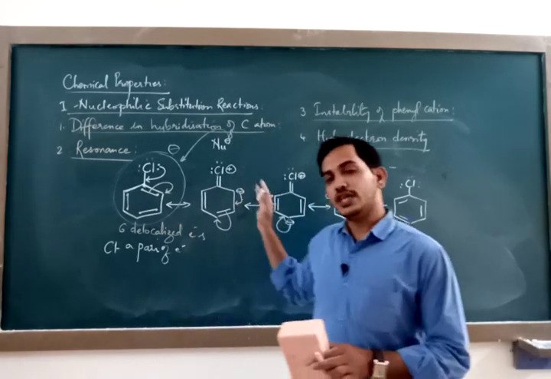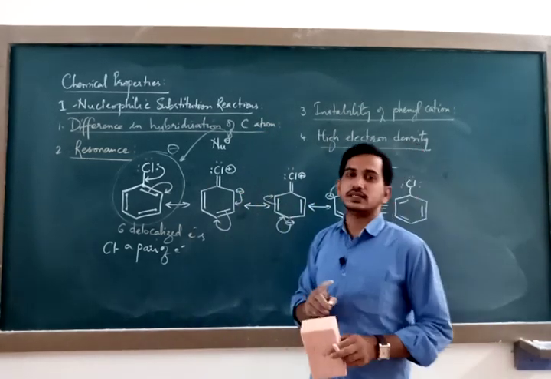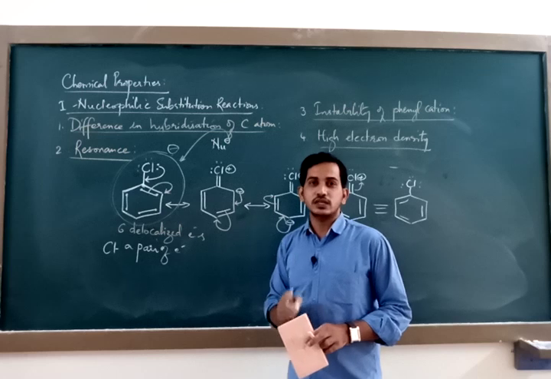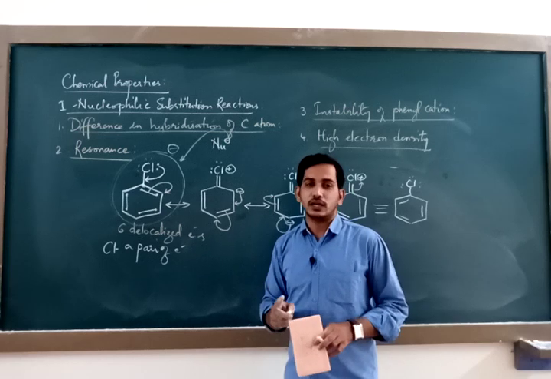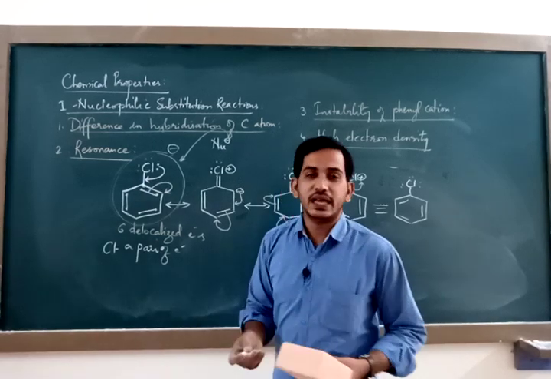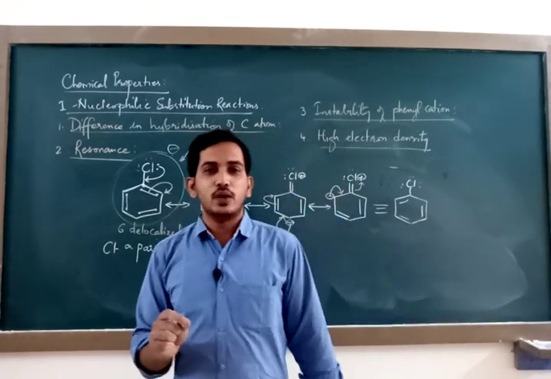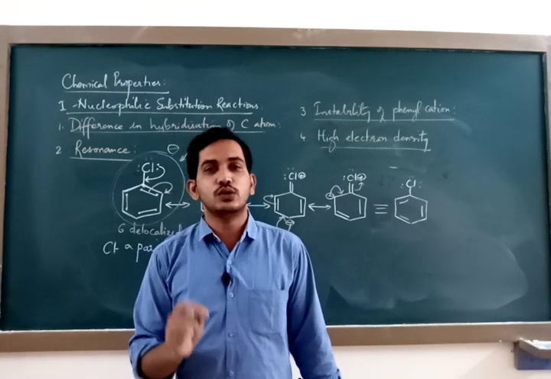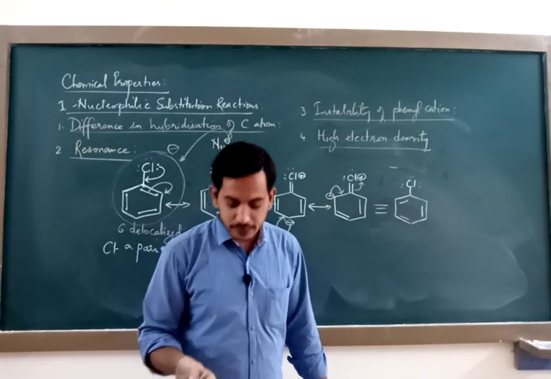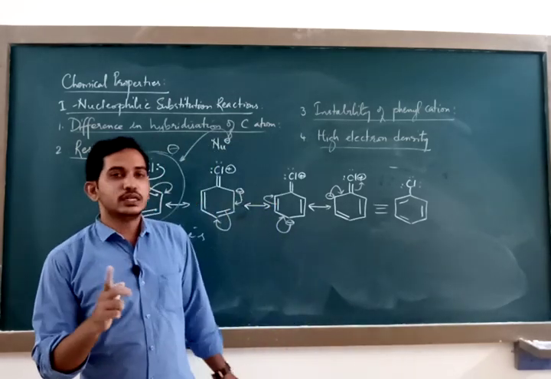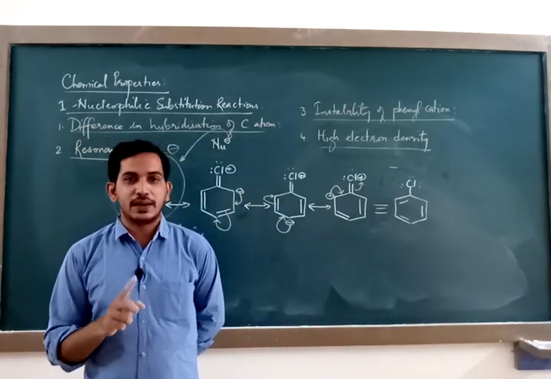Therefore, because of these 4 reasons, haloarenes are less reactive towards nucleophilic substitution reactions compared to haloalkanes. So if in the exam they ask you to give reason why haloarenes are less reactive towards nucleophilic substitution reactions, your answers should be: 1. It is due to the difference in the hybridization of carbon atom.